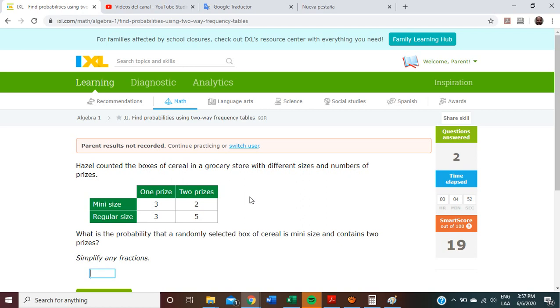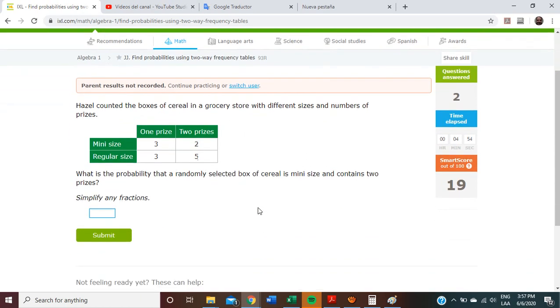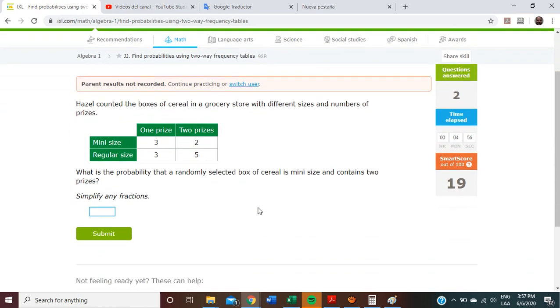All right, next one. Hazel counted the boxes of cereal in a grocery store with different sizes and numbers of prices. Okay, so one price and two prices, mini size and regular size. Okay, so what is the total of boxes?